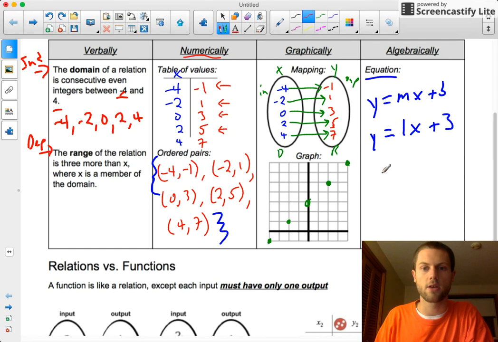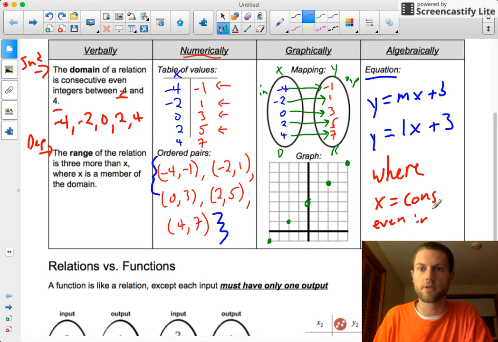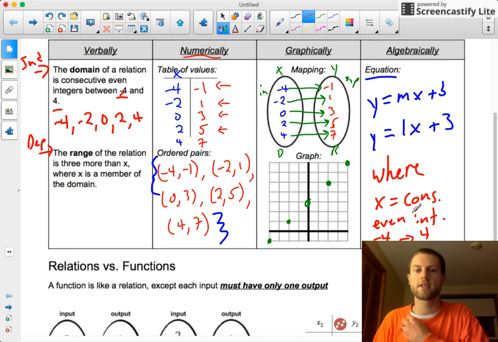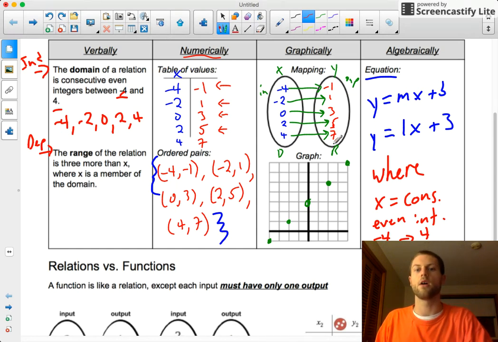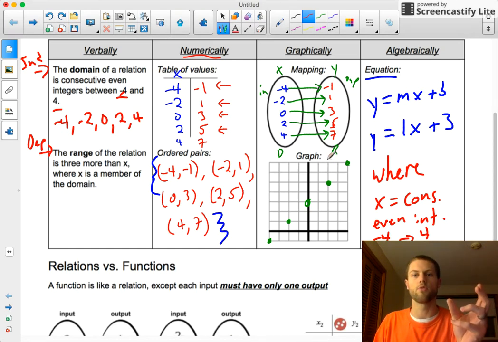So what I'm going to say here is where x equals consecutive even integers from -4 to 4. And that's going to be consistent with the domains and ranges seen from all these other representations.